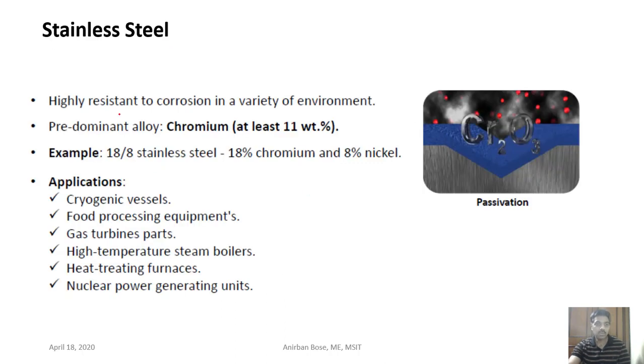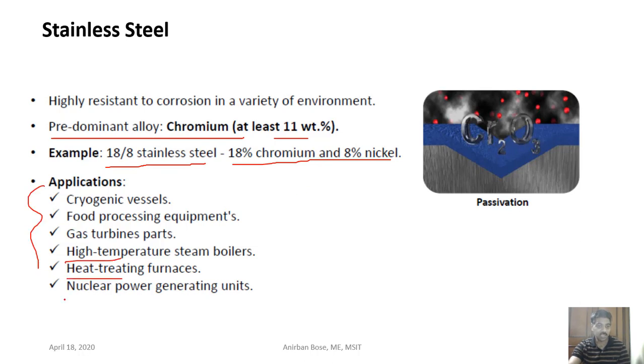So finally, what you have to remember is that chromium is the predominant alloy, at least 11%. 18-8 stainless steel is very important: 18% chromium and 8% nickel. And its application you can see in cryogenic vessels and different high temperature applications. The reason for the excellent corrosion resistance is the chromium oxide.